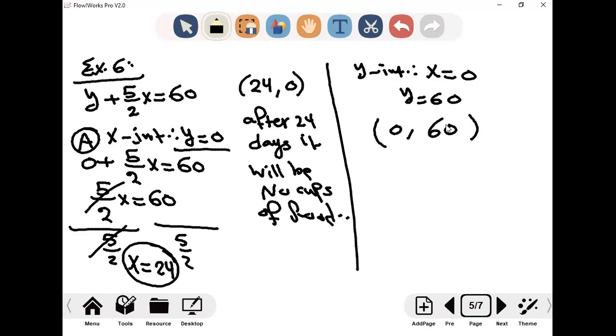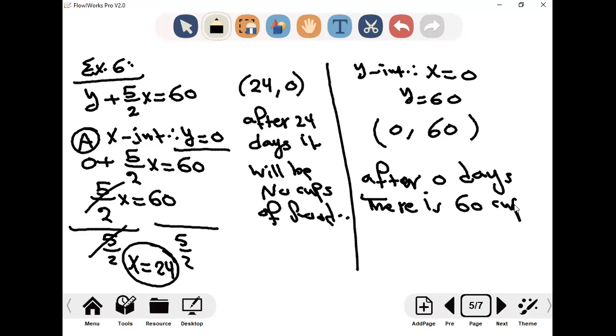How many cups do we have? 60 cups, okay? After 0 days, there are 60 cups of food. Now, for the first part they are finding the x-intercept, so they wrote these in the spaces.